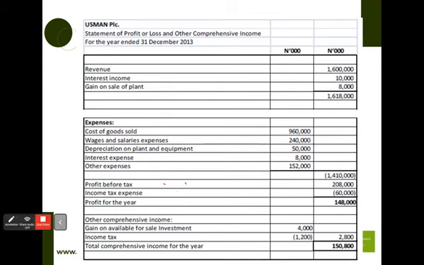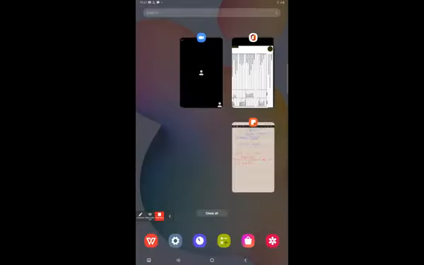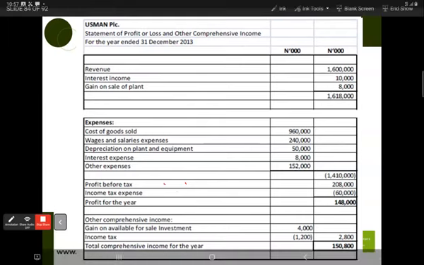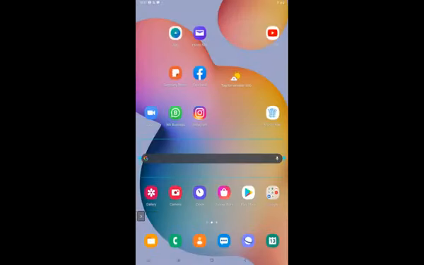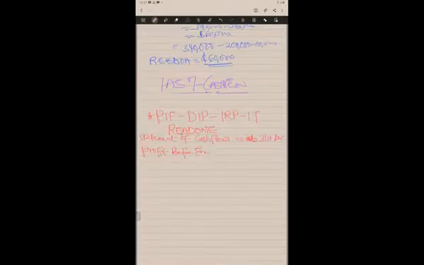Look at the question once again. This is the notepad. As at last year, it is 140,000. Current year, it is what? Hold on, let me check the question.